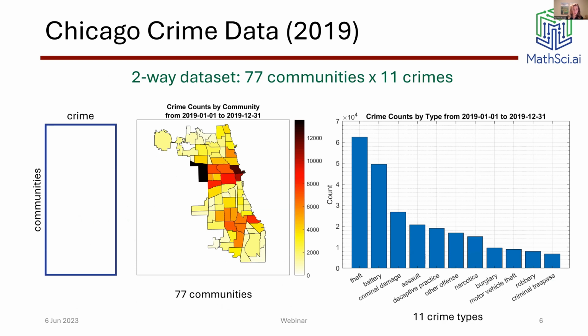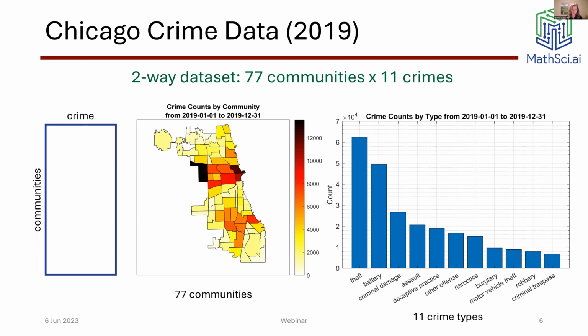So what does this data look like? You can look at this data in different ways. You could think of it as just a community by crime data set over 2019. I have on the left a heat map, and it shows the total number of crimes per neighborhood committed, or reported, I should say, in 2019.